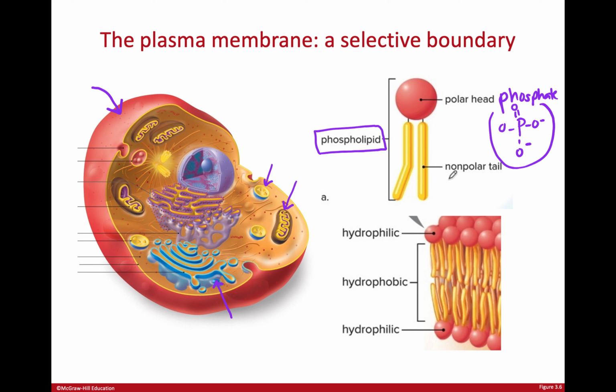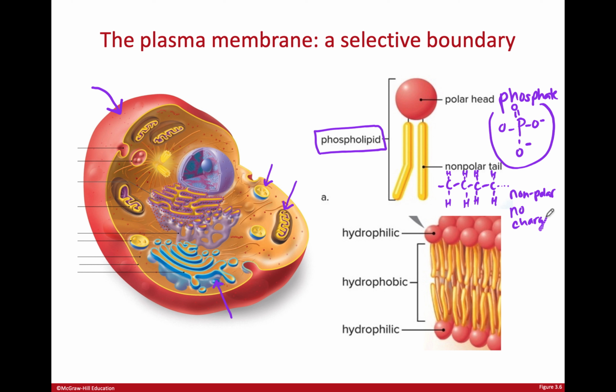And nonpolar tails, which are these long chains of carbon with hydrogens attached, much longer than this, etc. So these carbon-hydrogen bonds are nonpolar, meaning their electrons are distributed evenly, meaning they have no charge.